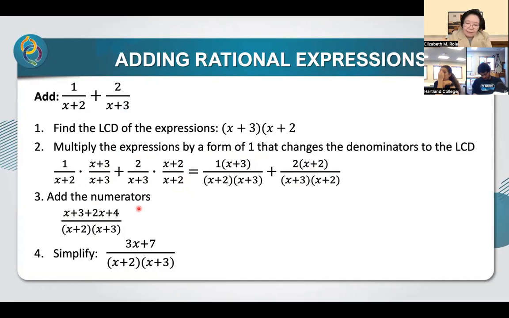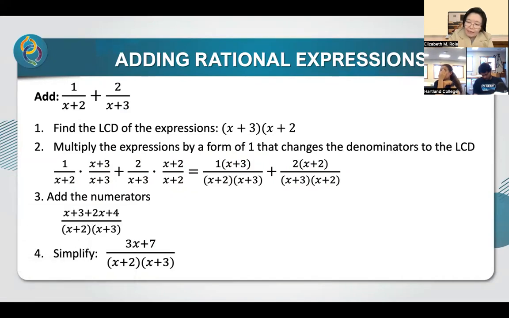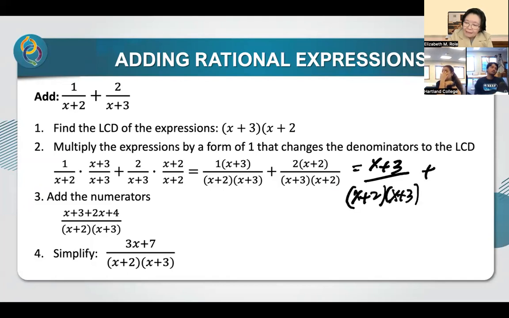Maybe it's better to show it. So here we're actually just saying this is the same as x plus 3 over x plus 2 times x plus 3, plus 2x plus 4, because 2 times x plus 2 is 2x plus 4, over x plus 3 times x plus 2.